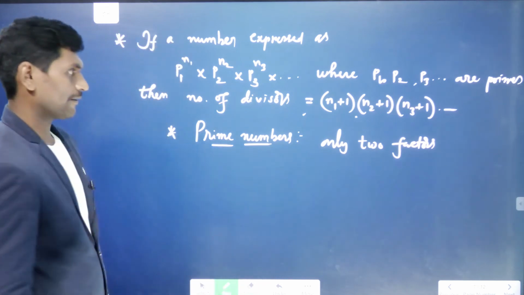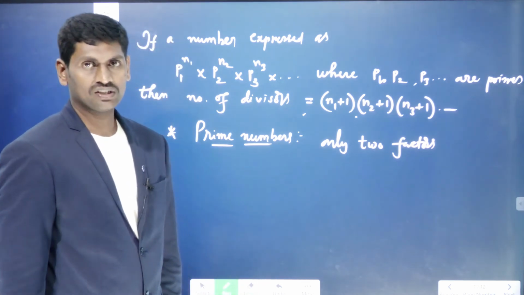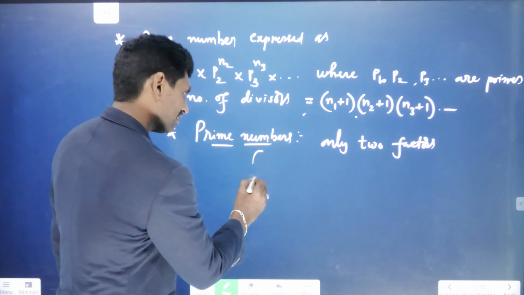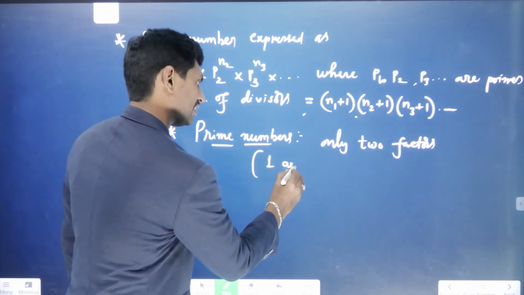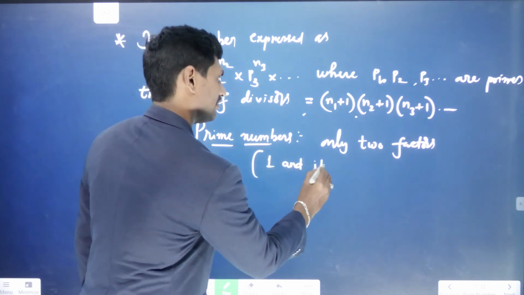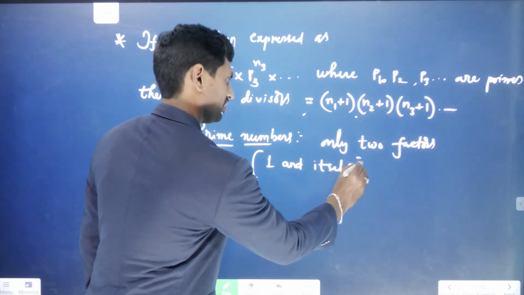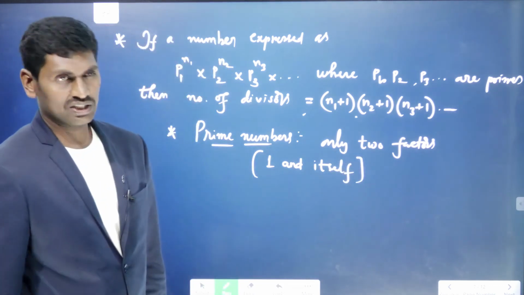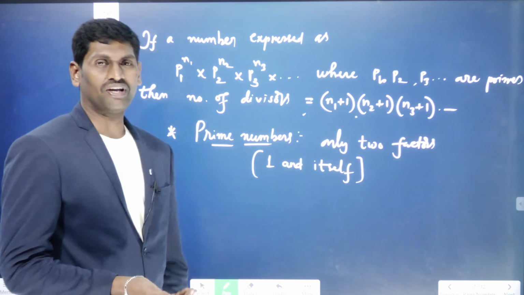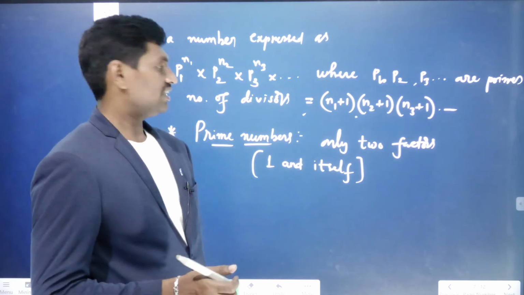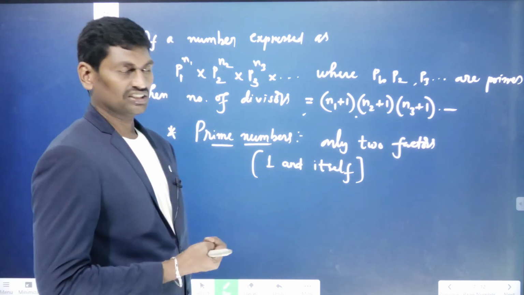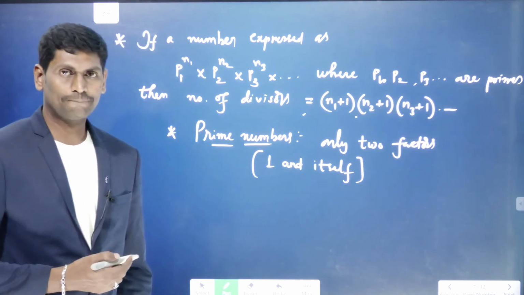What are the two factors? 1 and itself. Like 2, 3, 5, 7, 11, 13, 17, 19, like that. Clear, children?